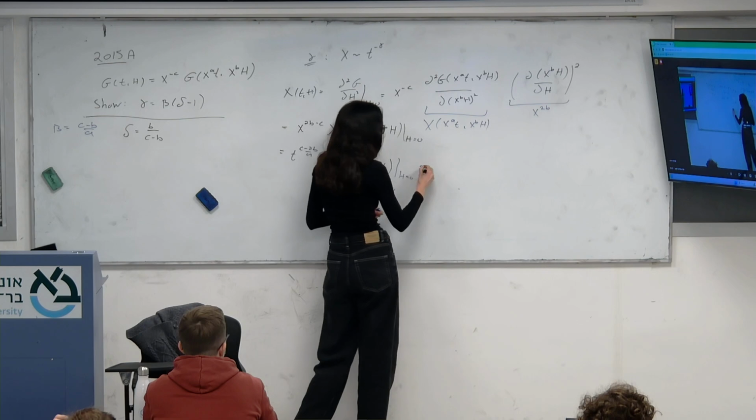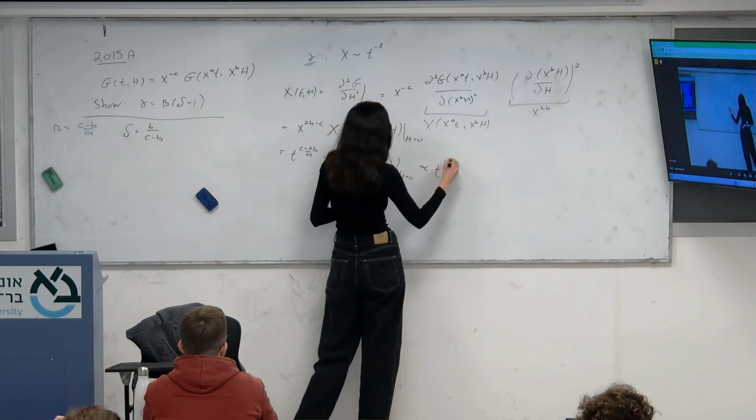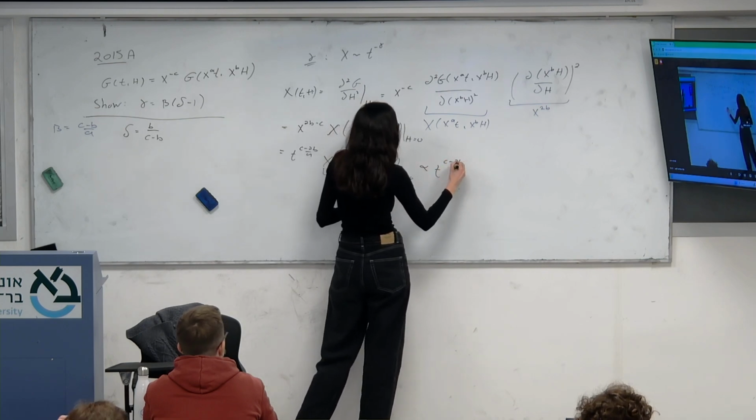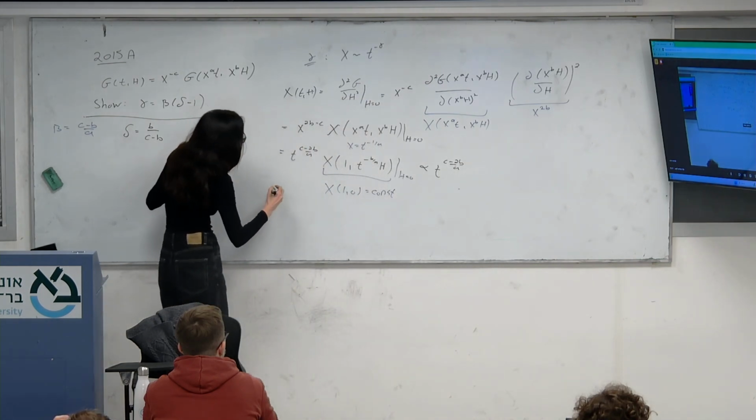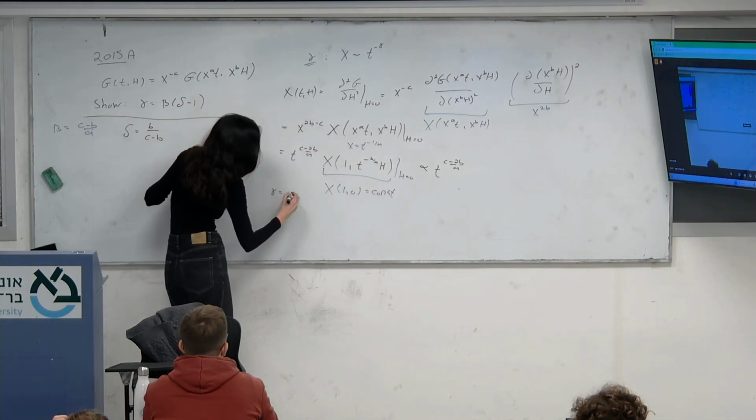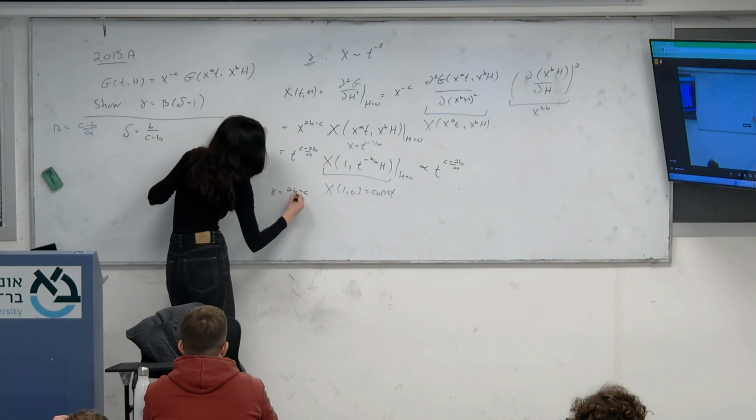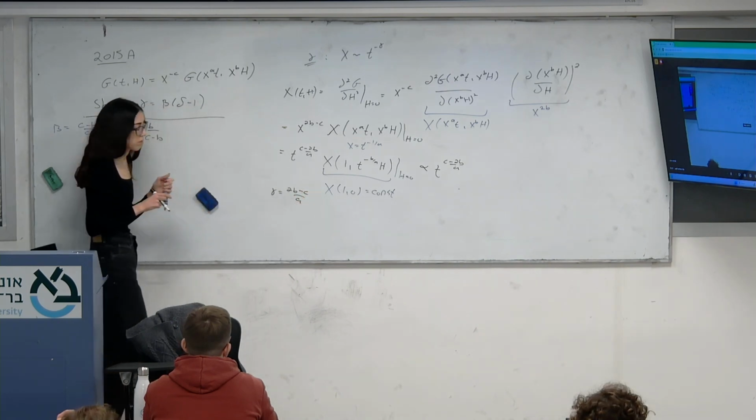Overall, this is proportional to t to the (c minus 2b) over a, which means that gamma is equal to (2b minus c) over a.